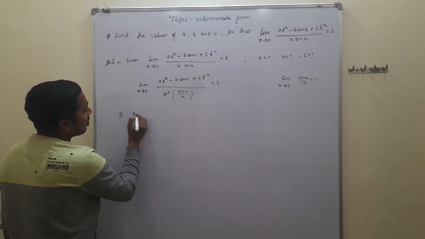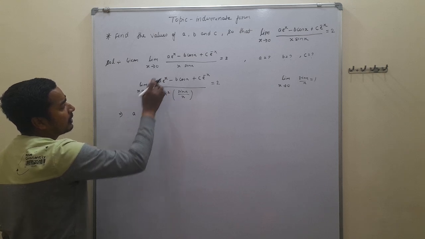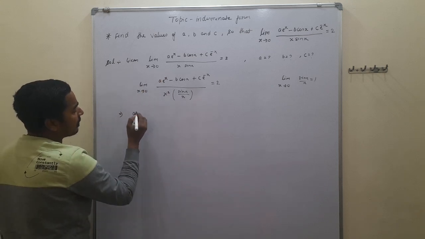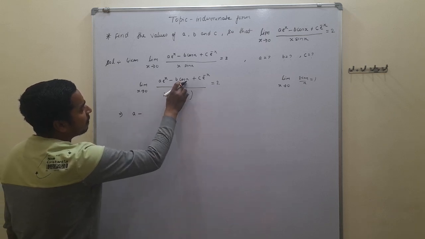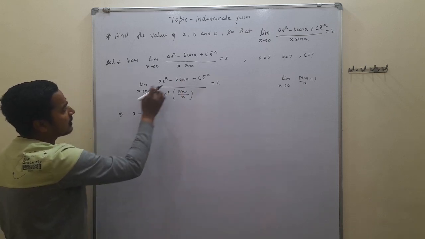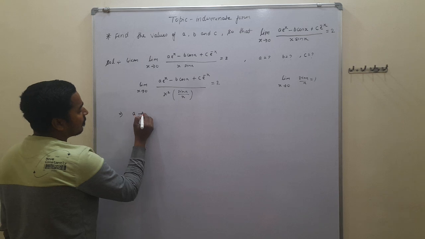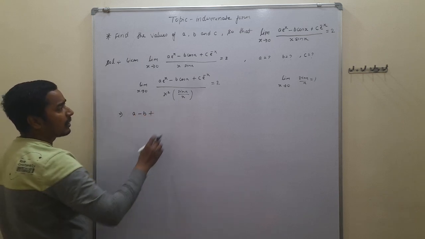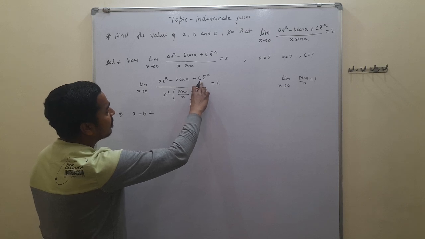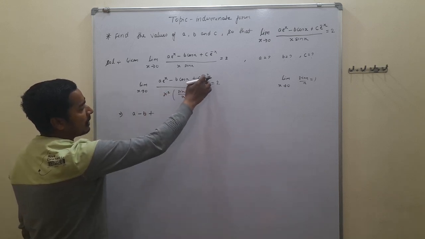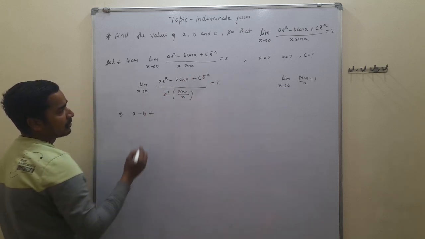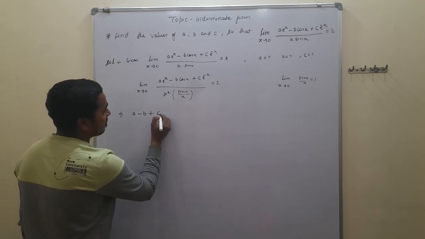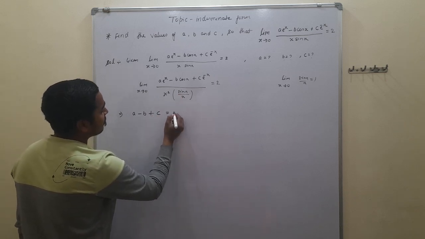So we have to put x equal to 0. This gives a, when we put e to the power of 0 is 1, so we write a, minus b, when we put x is 0, cos 0 is 1, and plus c, e to the power of 0 is 1, plus c is equal to 0.